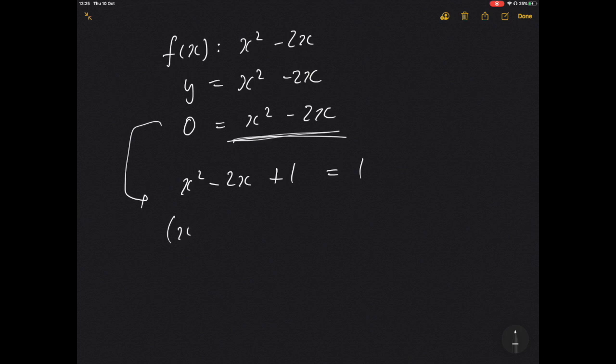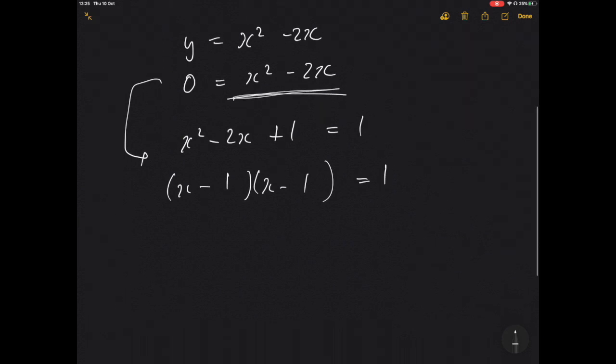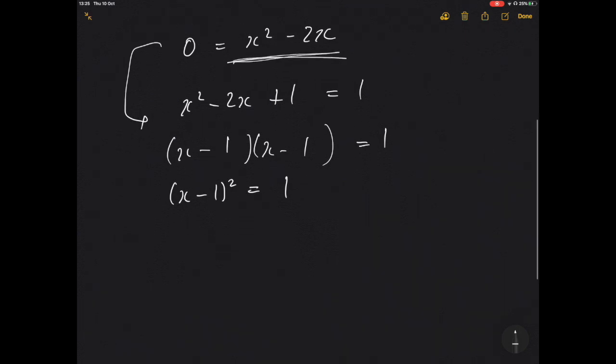Now we have a factor. Something minus something equals 2 and something times something equals 1, so both have got to be 1. A bit of tidying up shows us that x minus 1 squared equals 1.